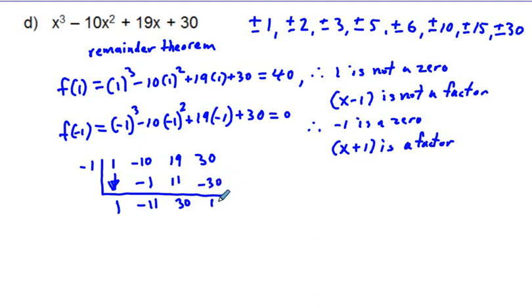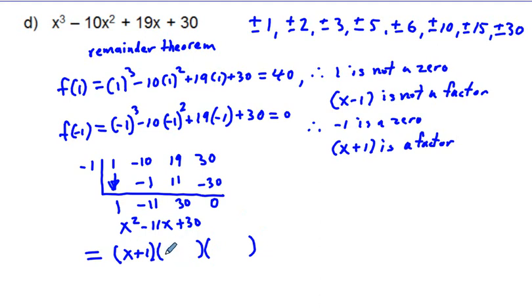So we get 0. And so what we have is x squared minus 11x plus 30. So for our factoring, we know that x plus 1 is a factor. And so we just have to factor what remains here, x squared minus 11x plus 30.